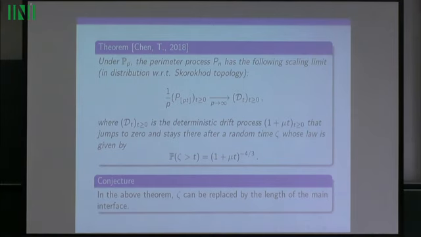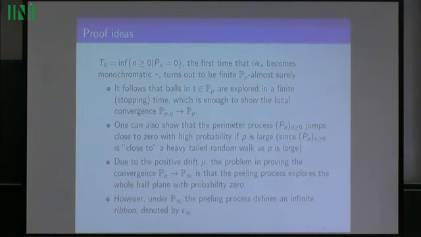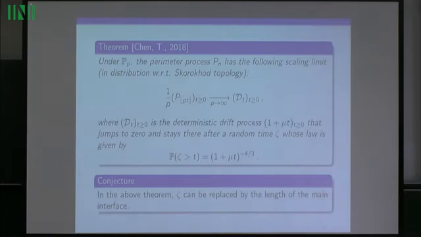Moreover, this random time has this kind of power law. After some discussions, we conjecture that this law could also be obtained by gluing some quantum disks and studying the law of the interface curve in that gluing.